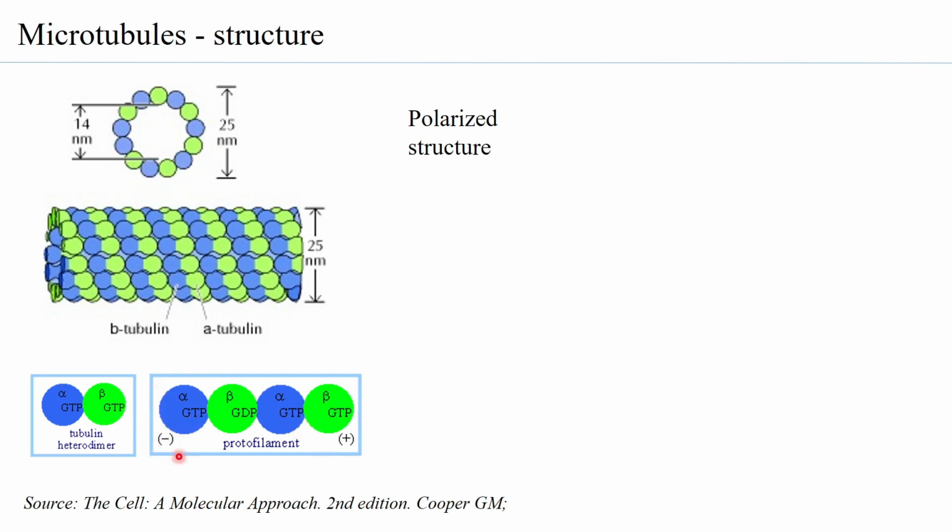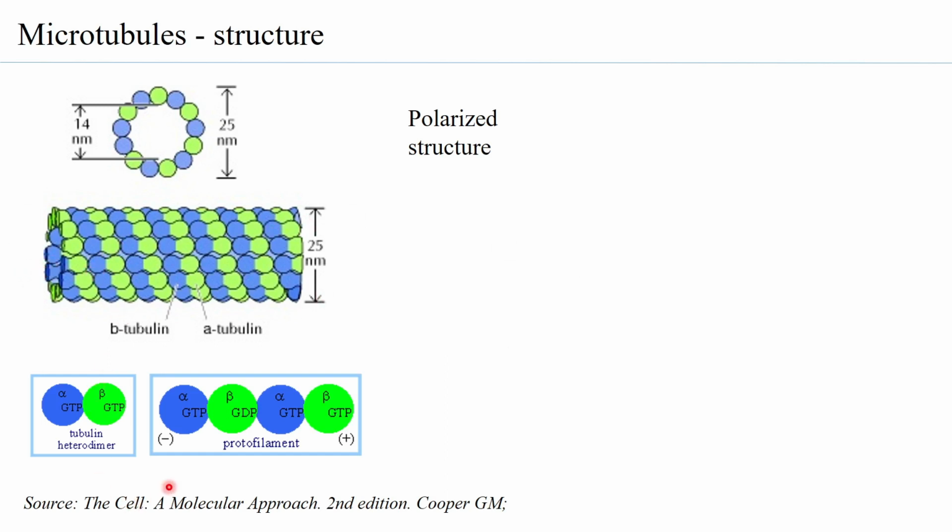That is, at one end you will always have the alpha tubulin, and at the other end you have the beta tubulin. So if more heterodimers come in, extending the microtubule, you will always have the alpha present here and the beta present here. So that makes it structurally polarized.